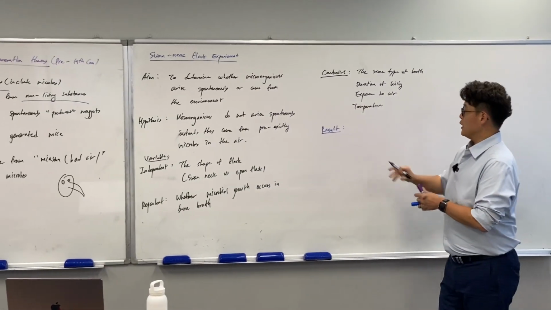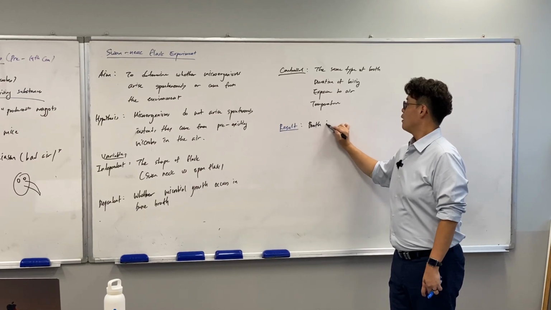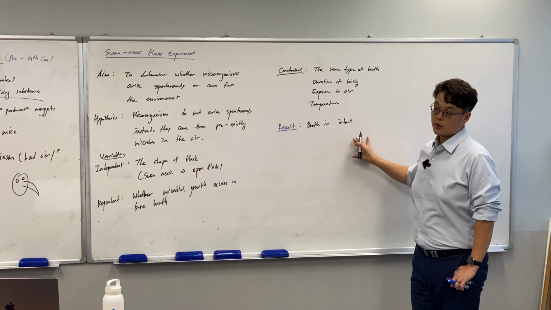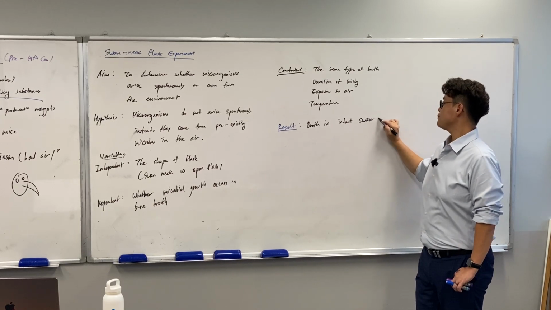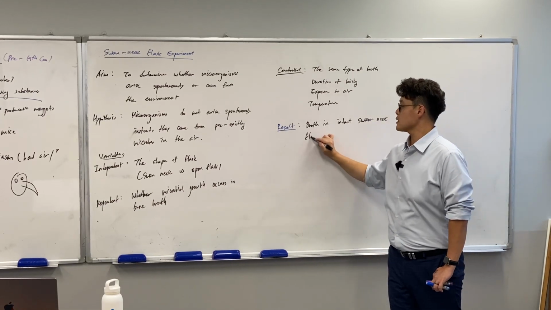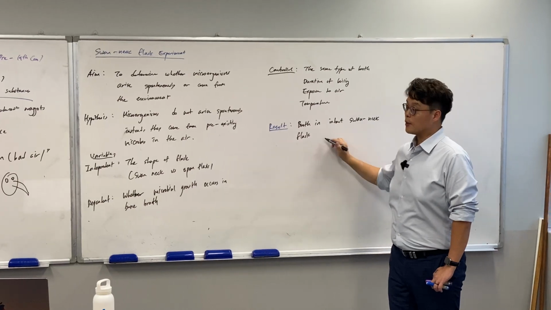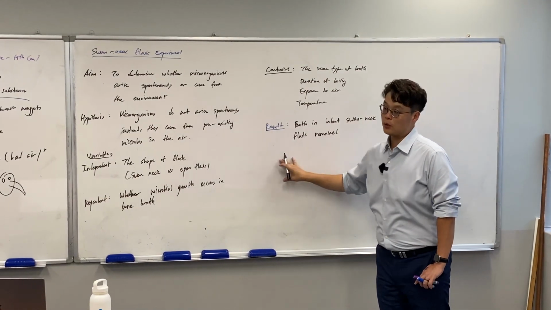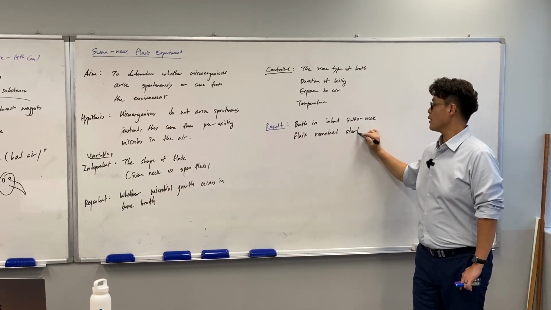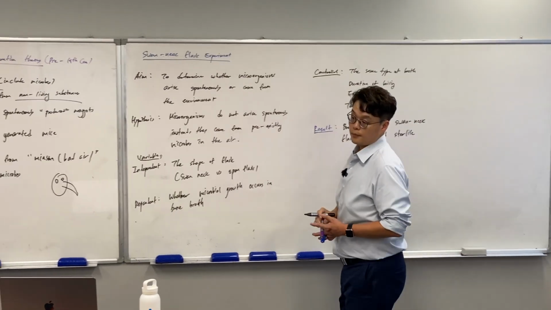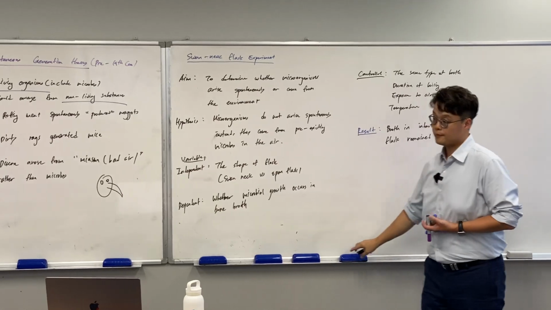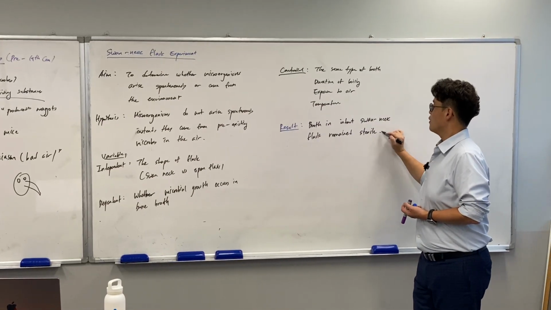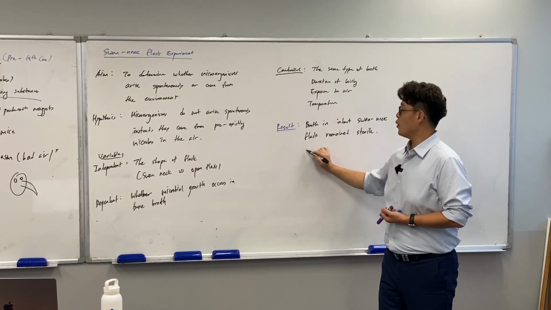Broth in the swan neck, intact to the swan neck flask, and the remaining we use a term called sterile.